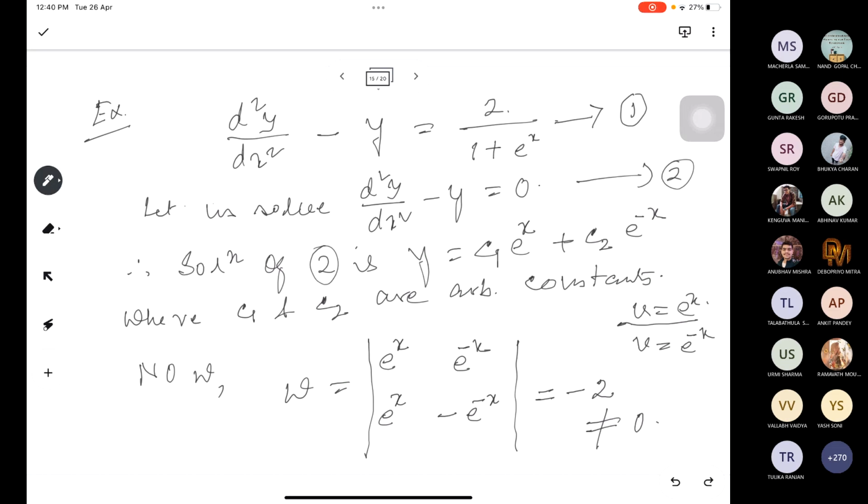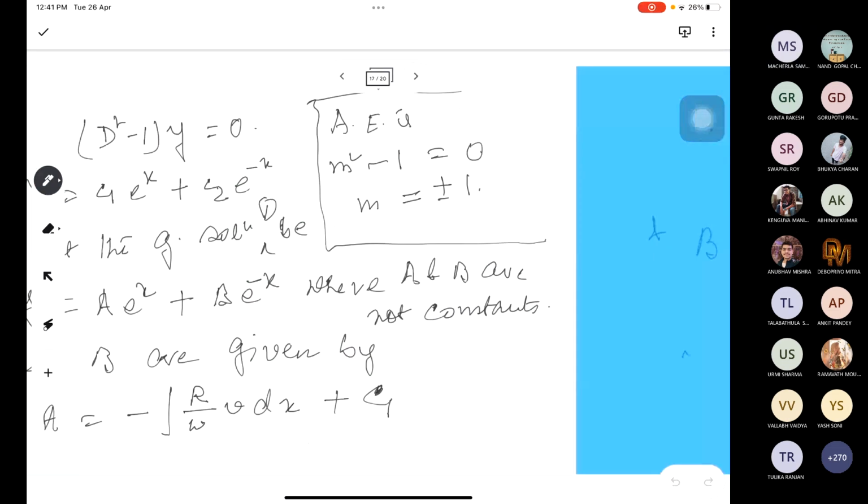And you know that a general solution of an nth order differential equation must involve n arbitrary constants. So a second order differential equation has two arbitrary constants. Is it okay? Yes, ma'am. Okay.